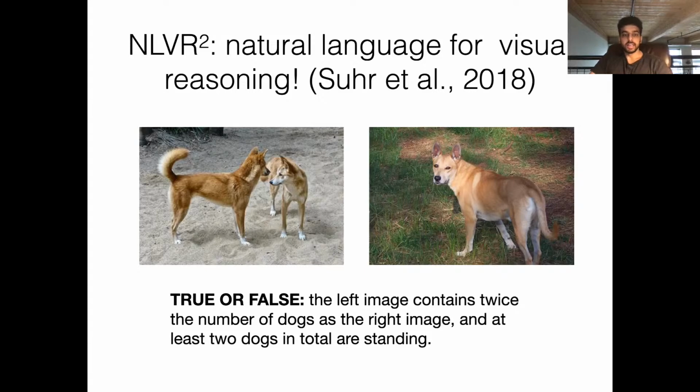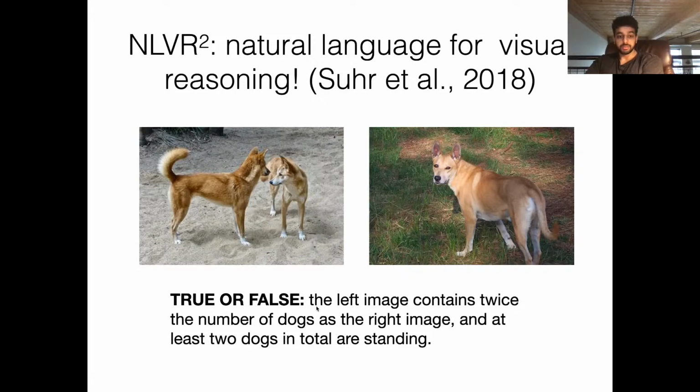So in this example, this is called the NLVR dataset by people from Cornell. And you can see that it's much more complicated than the simple questions that we talked about earlier in this lecture. So here I'm given two images and I'm asked just a true or false question. So this is a binary classification task, but it's very, very difficult.